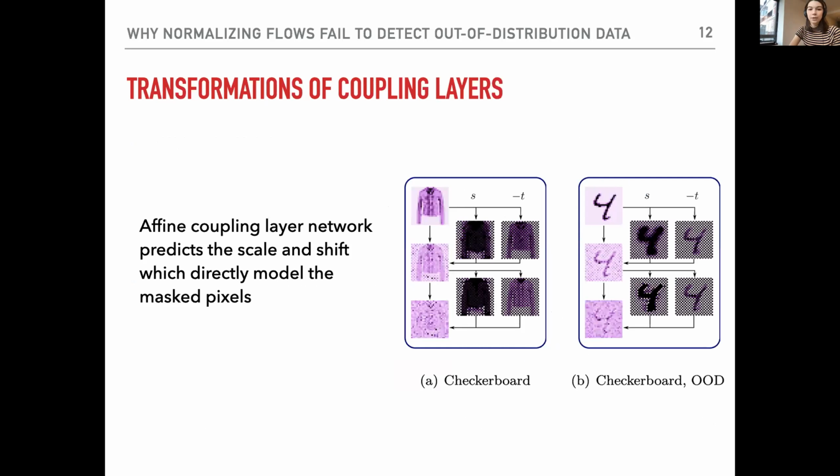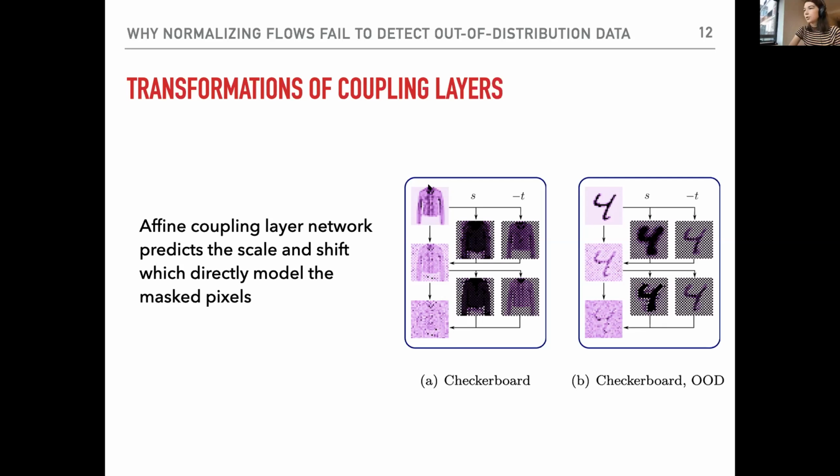All right, so to understand what each coupling layer is doing, we visualize the learned transformation on the in-distribution Fashion MNIST data and out-of-distribution MNIST data. Here we show the output of each coupling layer together with the predicted scale and shift parameters. And this is the whole network.